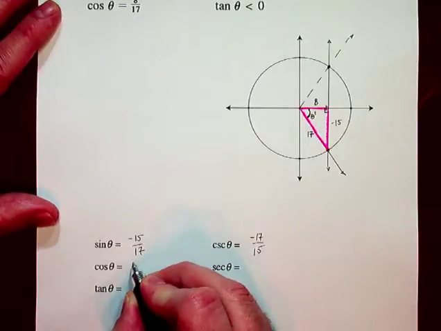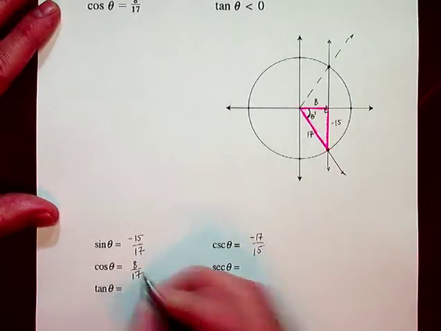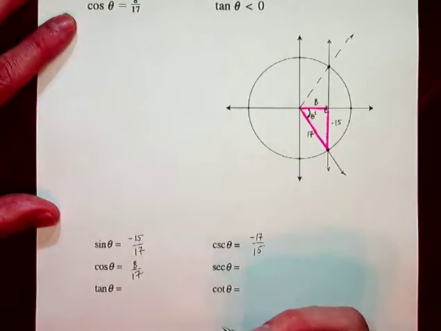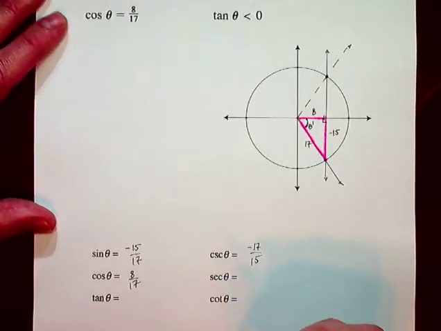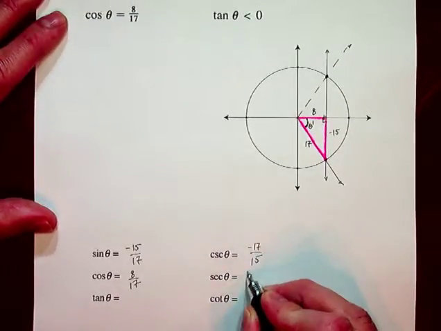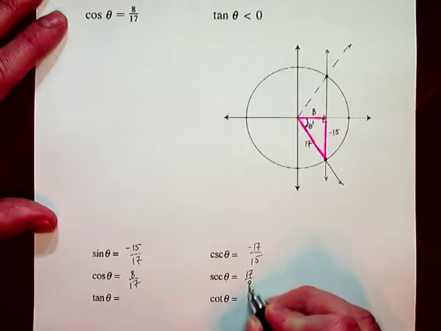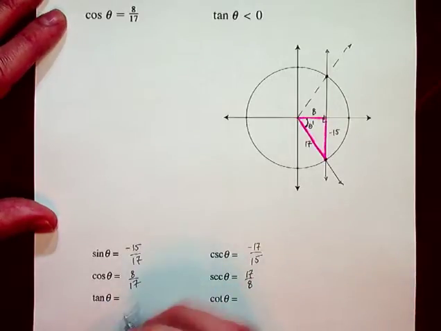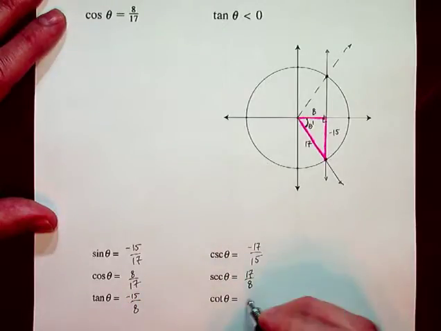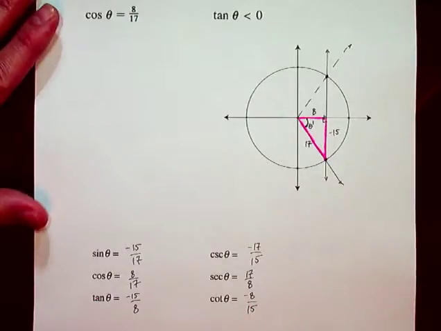Cosine is going to be 8 over 17. Of course, we already knew that because that was basically in the question stem, reciprocal of which is 17/8. And my tangent is indeed negative. It is negative 15 over 8, and the reciprocal is negative 8 over 15.